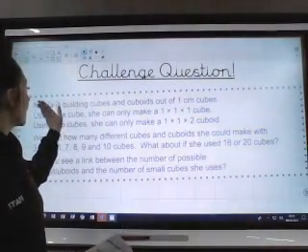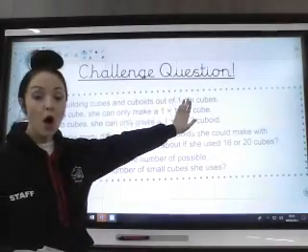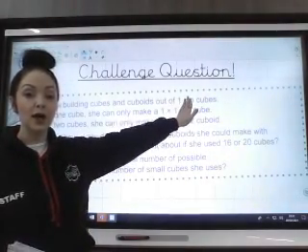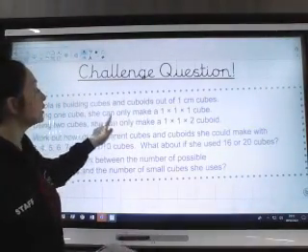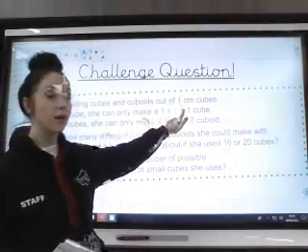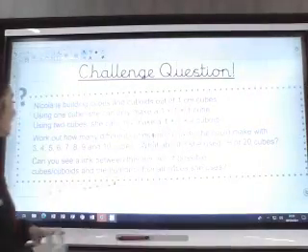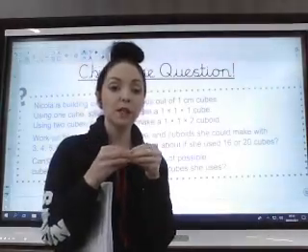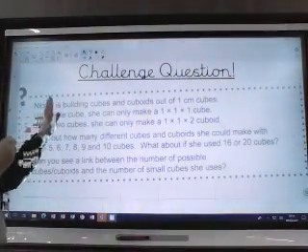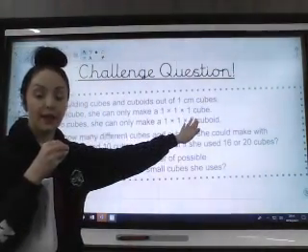So have a think. If they are 1 centimetre cubes, remember that's some key information, isn't it? Using 1 cube, she can only make a 1 by 1 by 1 cube. If she puts 2 cubes together, that would make a cuboid, wouldn't it? And that's 1 by 1 by 2, isn't it?